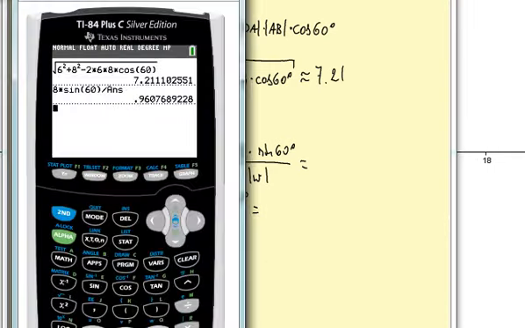So here we have to take the inverse sine, second function, of whatever is stored in the answer.